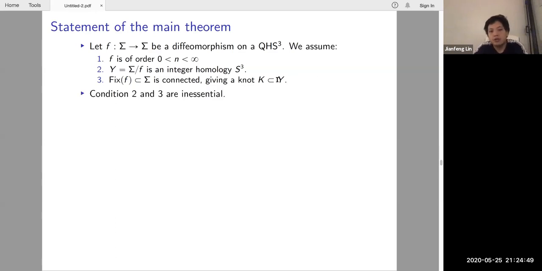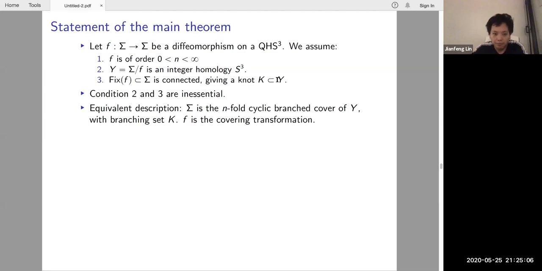Okay. And let me note that conditions 2 and 3 are actually inessential. We expect that our result can be generalized to work on an arbitrary finite order diffeomorphism on rational homology 3-spheres. Okay. And so an equivalent description of this setting is that sigma is the n-fold cyclic branched cover of an integer homology 3-sphere Y with branching set a knot K. And F is just the covering transformation.